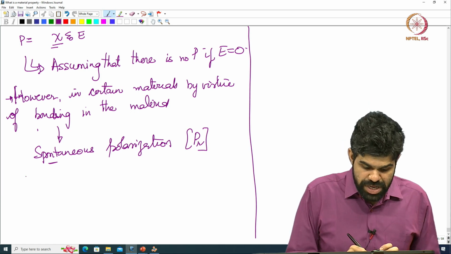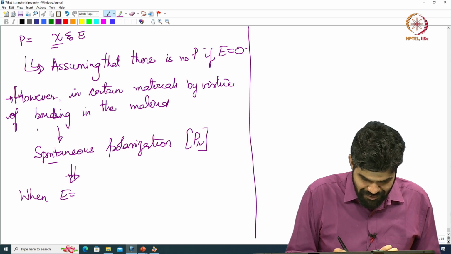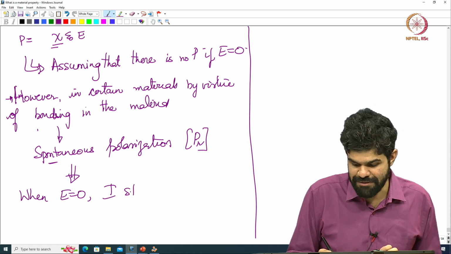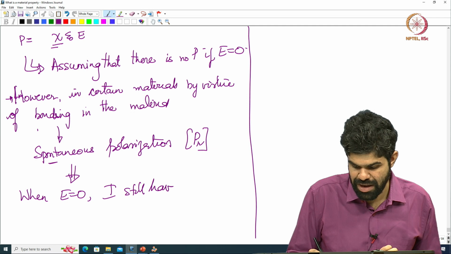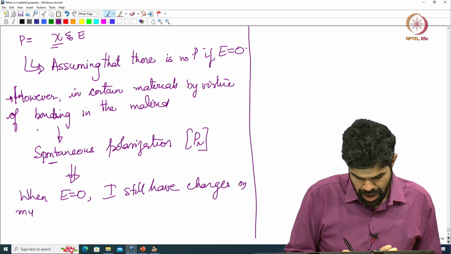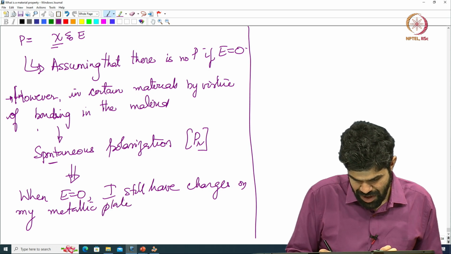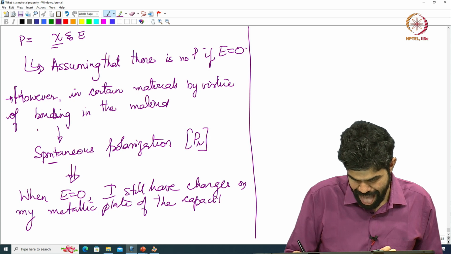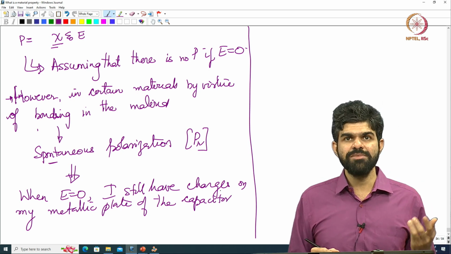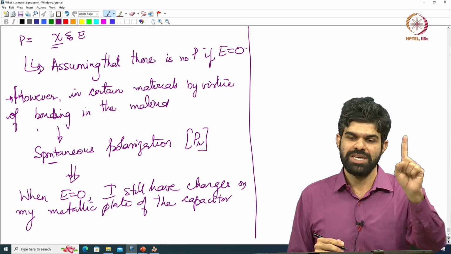Spontaneous polarization means when the electric field is 0, I still have charges on the metallic plate of the capacitor. And where are those charges coming from? Those charges are coming from the fact that my material has a spontaneous polarization.